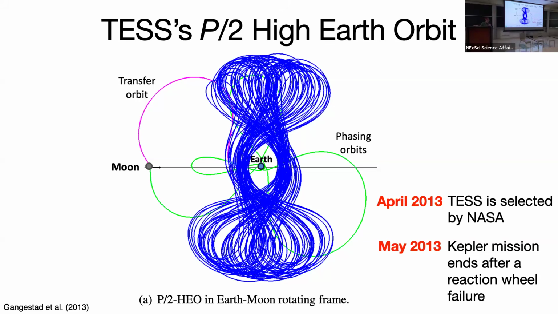And then 1 month later, the Kepler mission ended because one reaction wheel too many had failed aboard the spacecraft, preventing it from maintaining a steady pointing at that original field. So it looked like we were going to be in for a long period of inactivity in the transit world before TESS could get up there and operate. That didn't turn out to be the case.